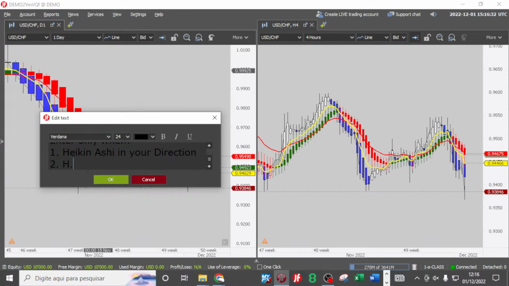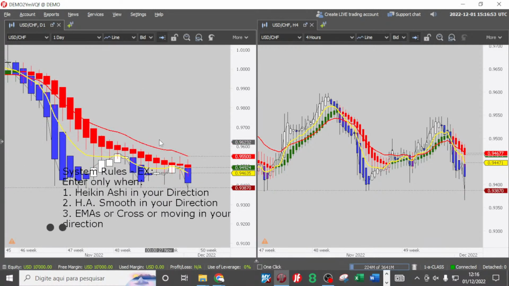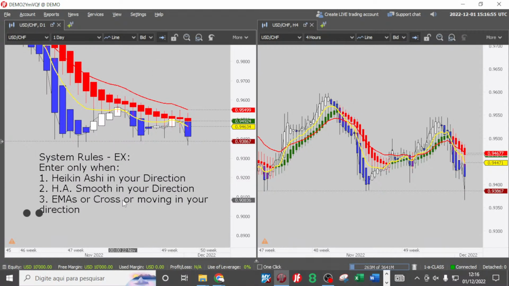Number two, Heikin Ashi smooth in your direction. Number three, EMAs crossed or moving in your direction. Forex course 101, system rules, example: enter only when Heikin Ashi in your direction.